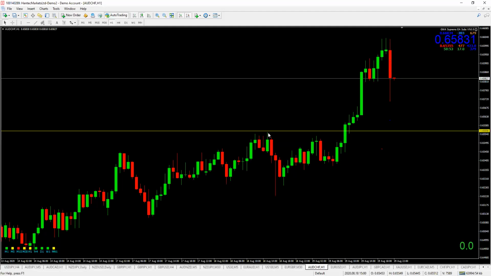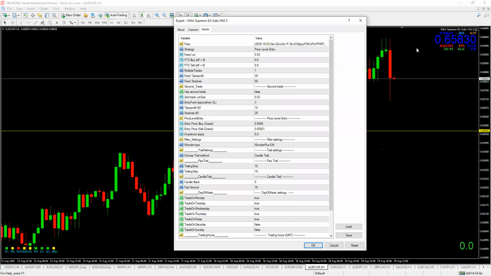So what you basically do is copy that number, maybe add a pip or 2 on top, and that is the number you're going to place in here. Note that here it says entry price buy closed, entry price sell closed. So basically this is for a buy. If you're anticipating that the price is going to go up, you will place the number here.